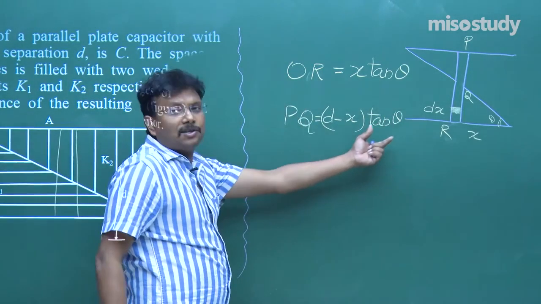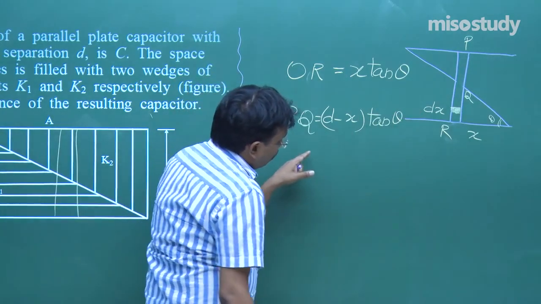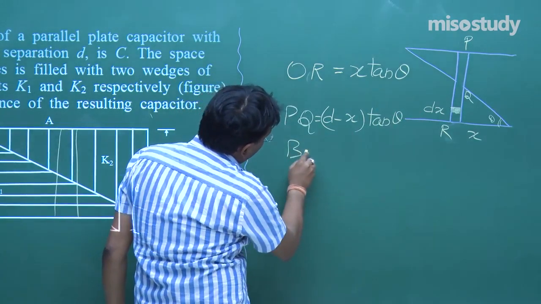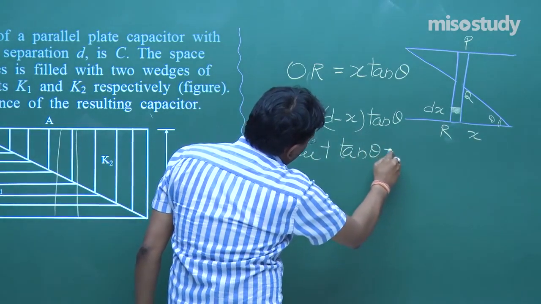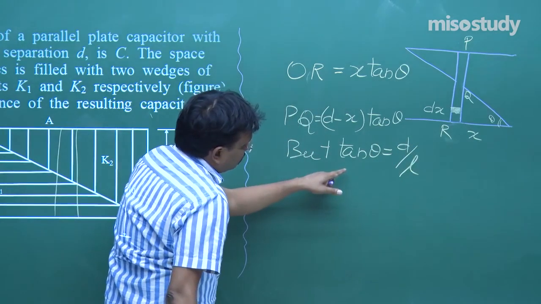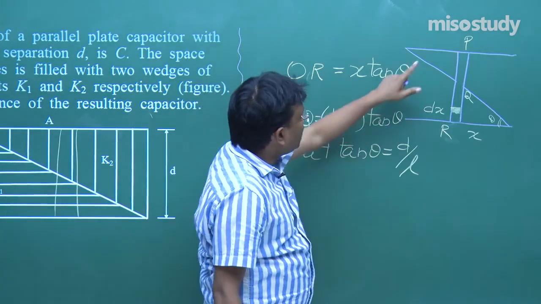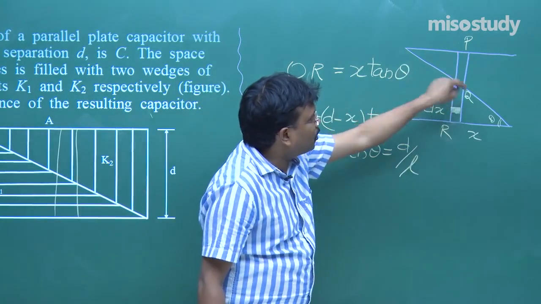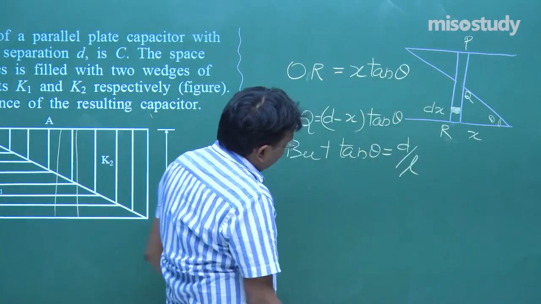Simple relations using algebra. So now from here I can say tan theta is equal to d by L. Now the capacitance for PQ, that is the upper portion, and the capacitance for QR.